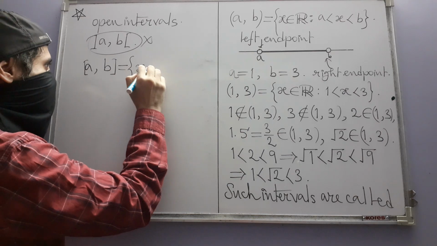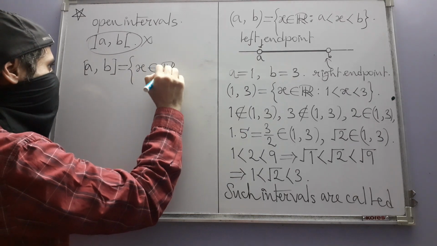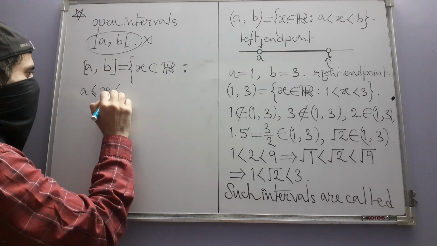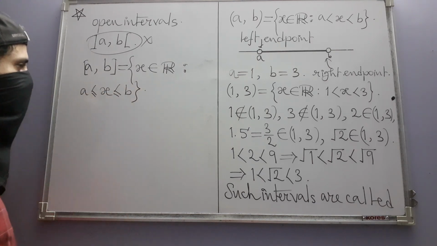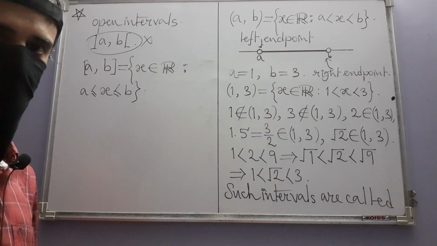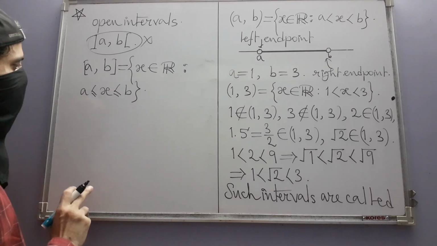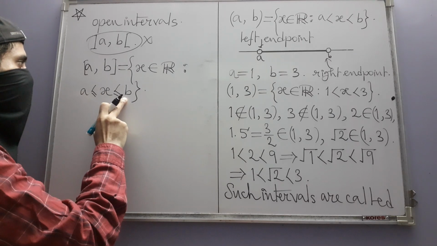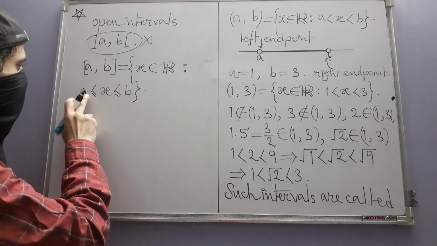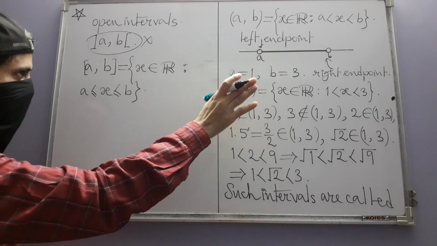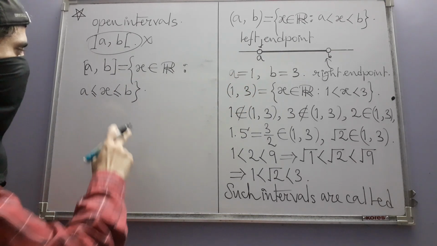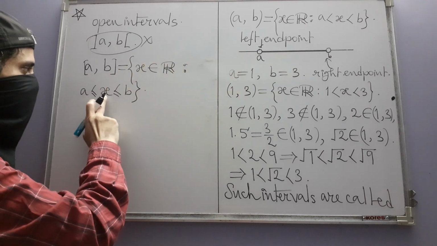It is also the set of all real numbers x, but this time we change the inequalities like this. Instead of having strict inequalities, we have ordinary inequalities. Note now that A and B are both elements of this new set. Why? Because A is not greater than A, but A is greater than or equal to A. Because A is equal to A, similarly B is not less than B, but B is less than or equal to B.